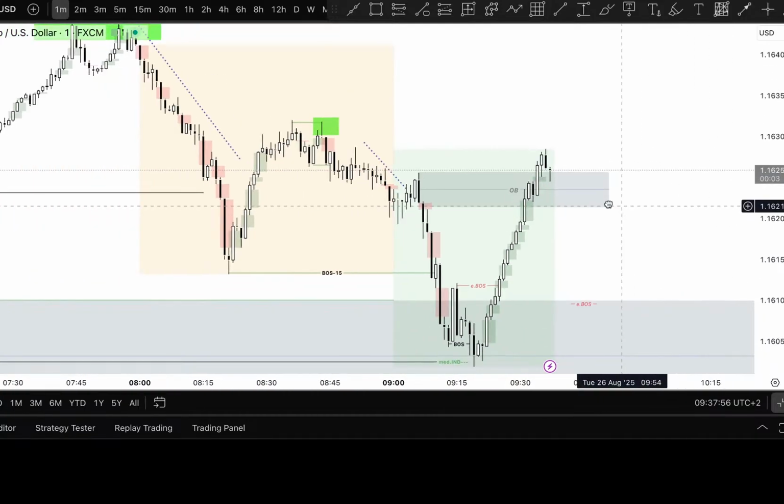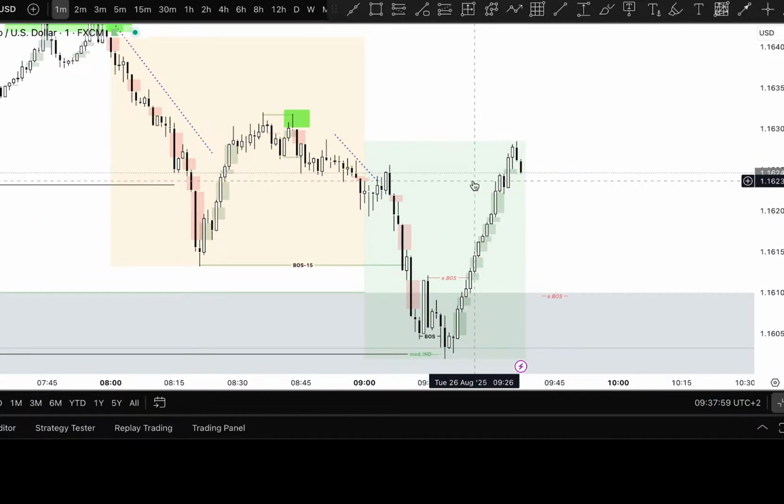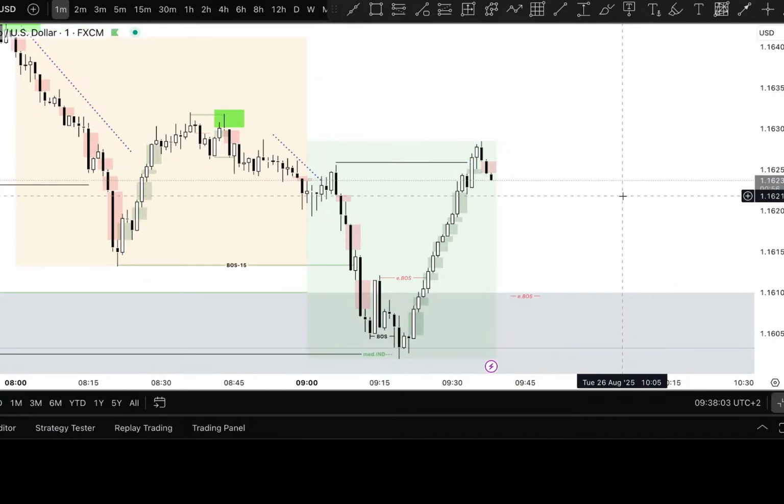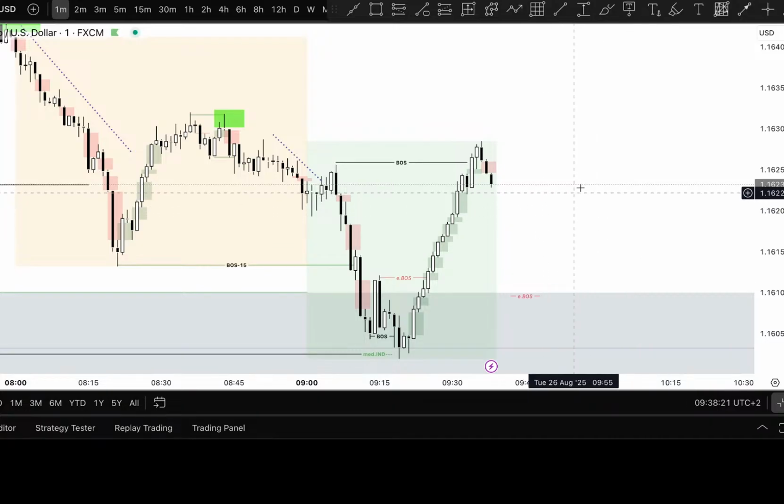This EURUSD has shown good strength. It created a new breakout structure to the upside. Now the problem which we are facing, yeah, we cannot go for long or short here in this section.